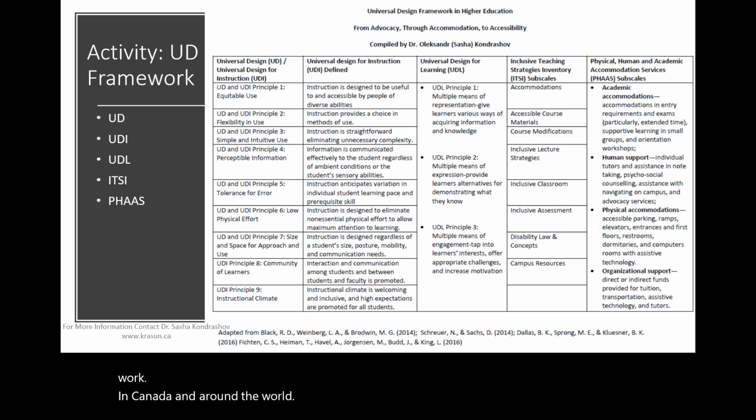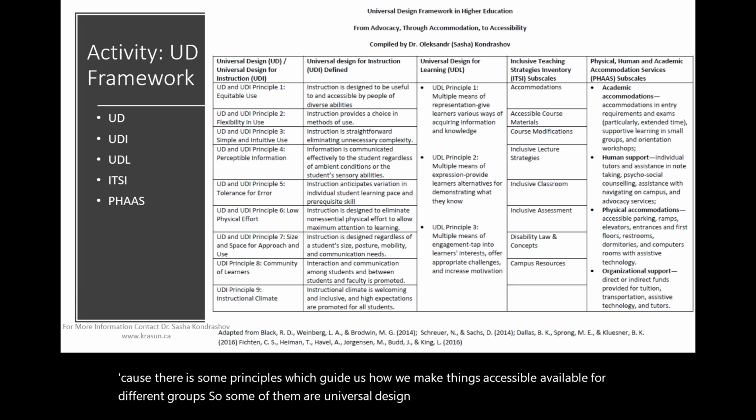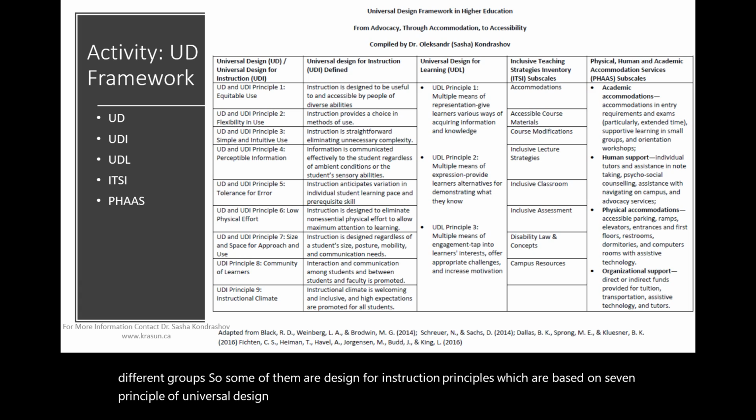This is some of the research which I tried to summarize from different articles on universal design, because there are some principles which guide us in how we make things accessible and available for different groups. Some of them are universal design for instruction principles, which are based on the seven principles of universal design: equitable use, flexibility, perceptual information, tolerance for error, low physical effort, and size and space for approach and use.